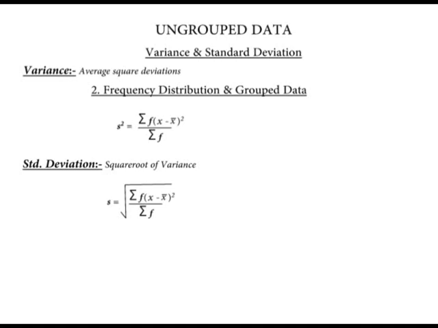We can simplify the variance formula to: variance is equal to summation of fx squared over summation of f, minus mean squared. This makes the standard deviation equal to the square root of summation of fx squared over the summation of f, minus mean squared. In each case, remember that mean is equal to summation of fx over the summation of frequency.